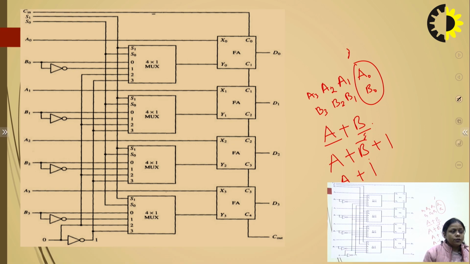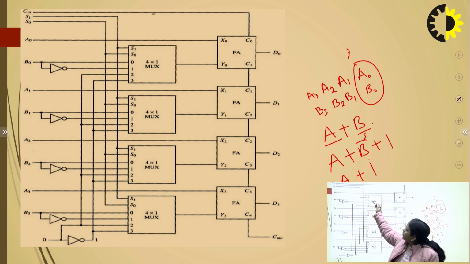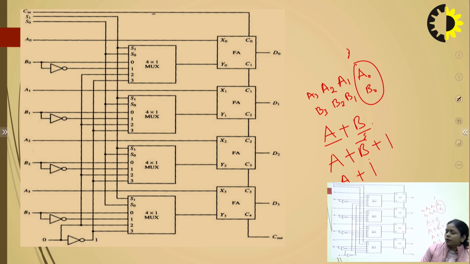So we have to give a multiplexer choice here, because A will be directly connected to the full adder, but B will be connected through a 4:1 multiplexer. Because the size of the multiplexer is 4:1, it means we have two selection lines. We have 4 inputs and one output, which is connected to the full adder.